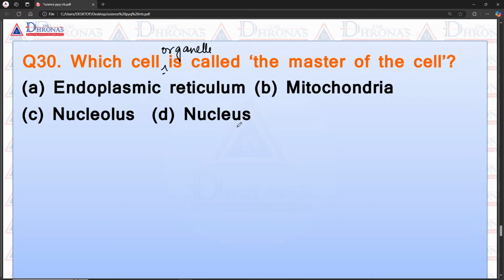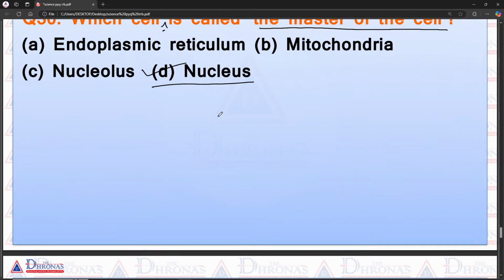So, master of the cell or the brain of the cell, that means who controls all the activity of a cell. So, definitely the answer is nucleus. Nucleus actually controls all the activity inside the cell. That's why it is known as brain of the cell or the master of the cell. Nucleus was first discovered by Robert Brown.